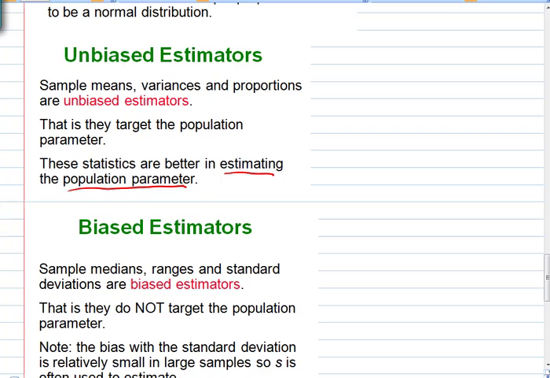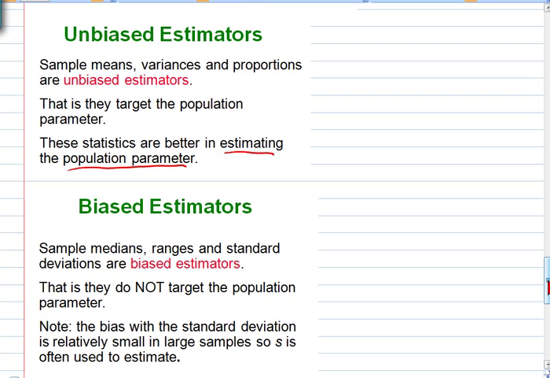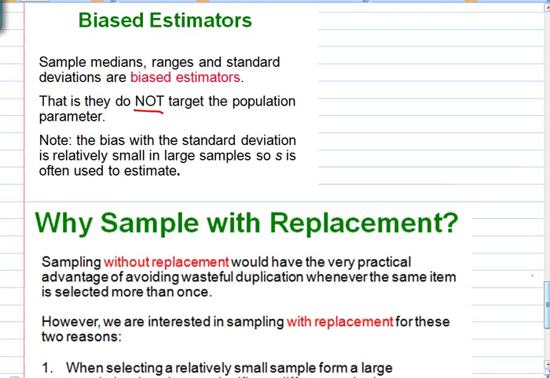Now we're going to be looking at predicting or inferring things about a population based on samples. Biased estimators, as opposed to unbiased estimators, do not target the population parameter. Hence, they're called biased. Unbiased is good. Biased is bad. Note that the bias with the standard deviation is relatively small in large samples, so you could use the standard deviation as an estimate.